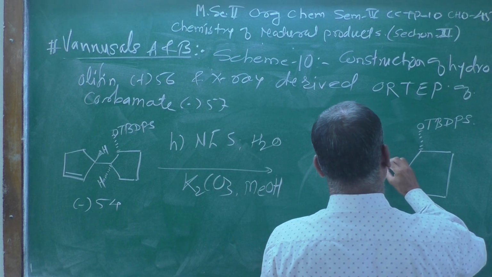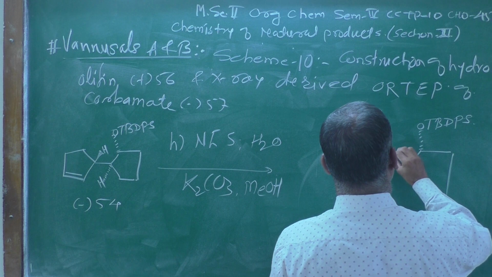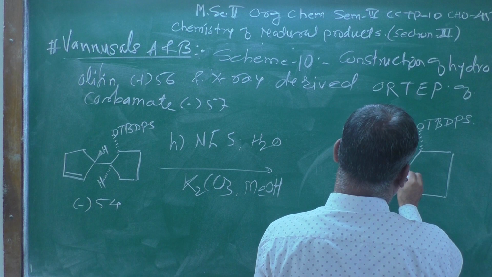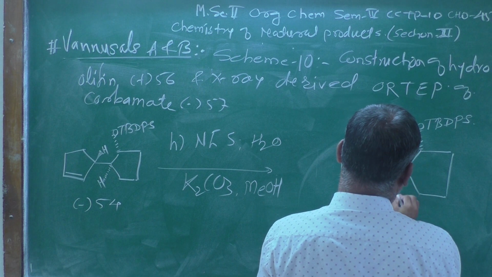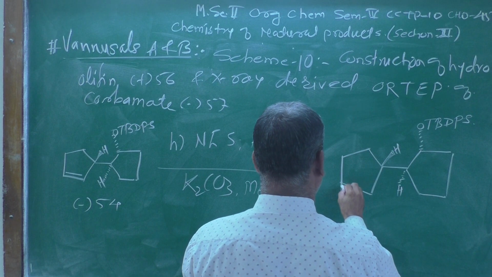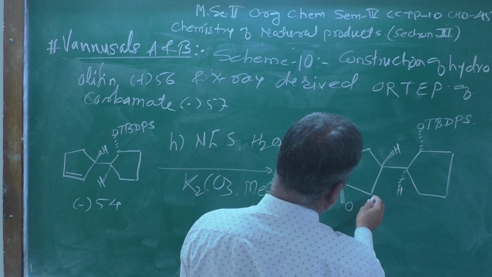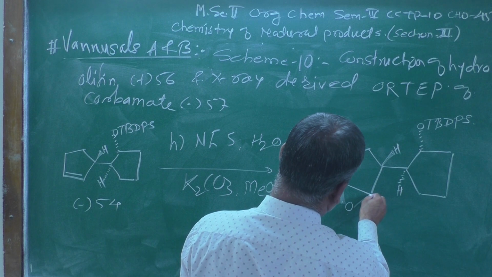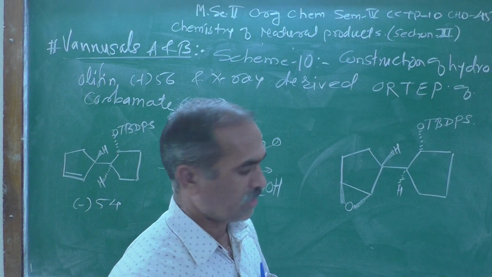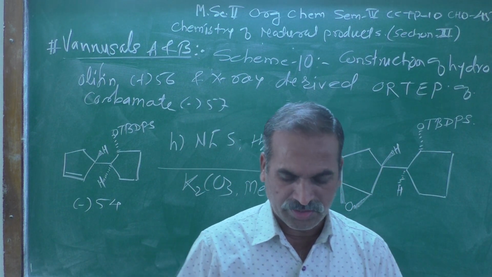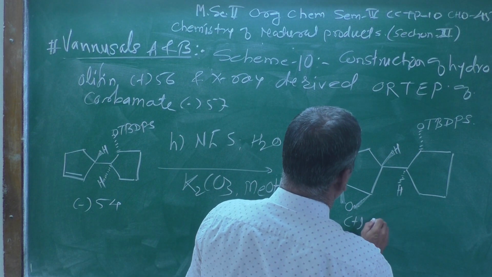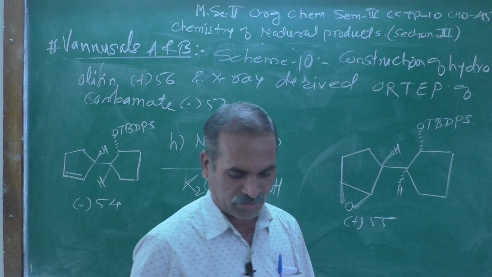The stereochemistry of the two protons at this junction remains as it is, but here we are getting the epoxide formation like this, and this structure is nothing but the plus 55 structure which we got over here.